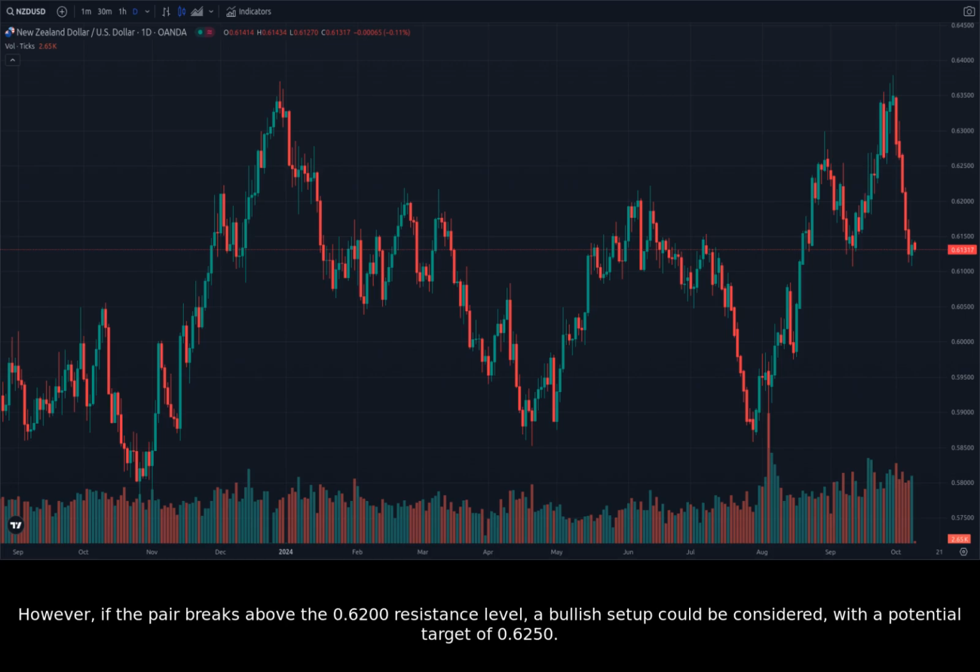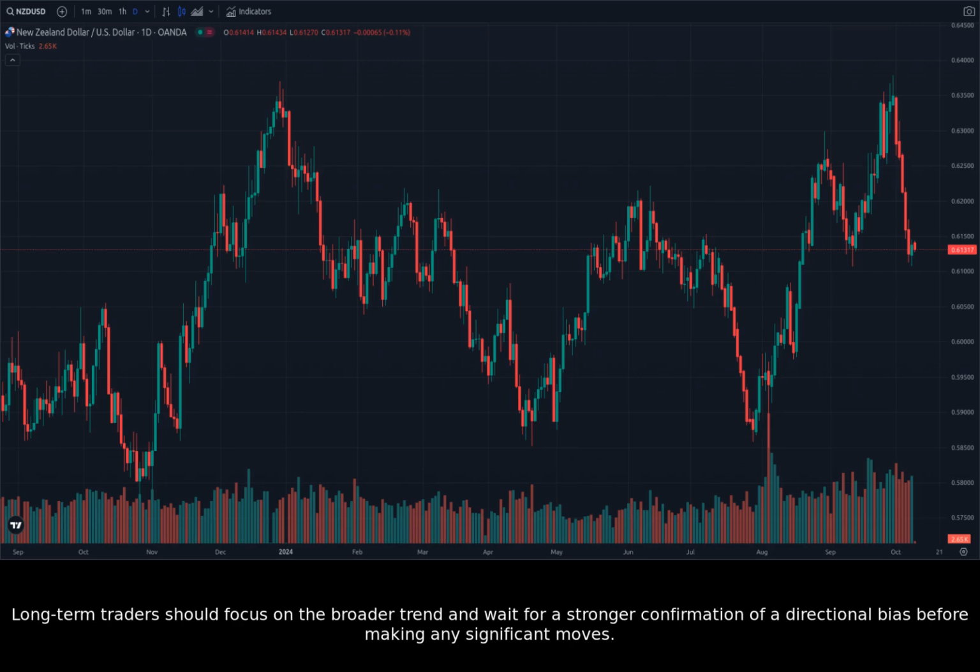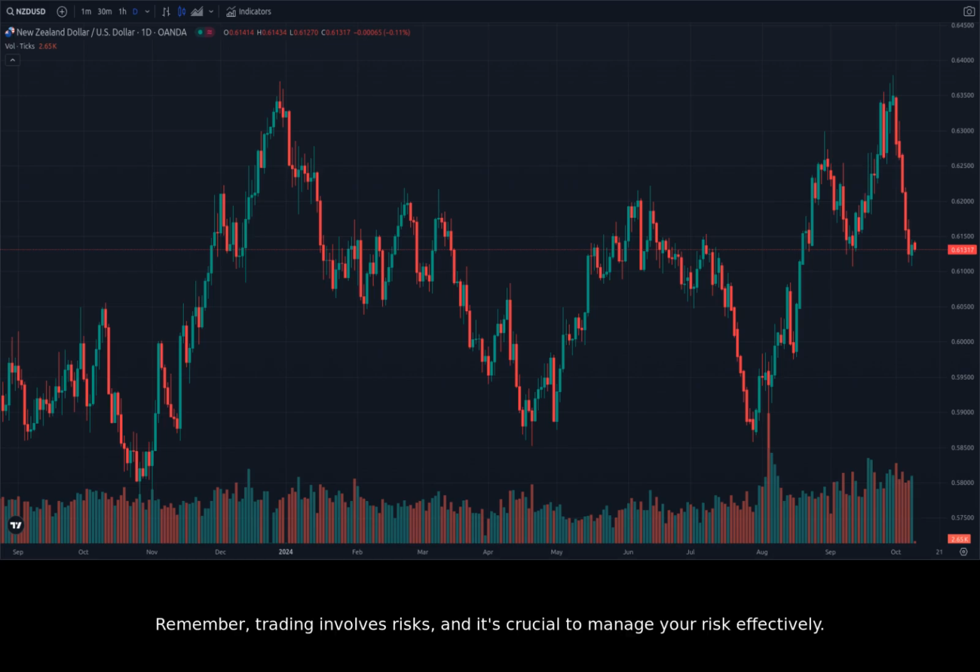However, if the pair breaks above the 0.6200 resistance level, a bullish setup could be considered, with a potential target of 0.6250. Long-term traders should focus on the broader trend and wait for a stronger confirmation of a directional bias before making any significant moves. Remember, trading involves risks, and it's crucial to manage your risk effectively.